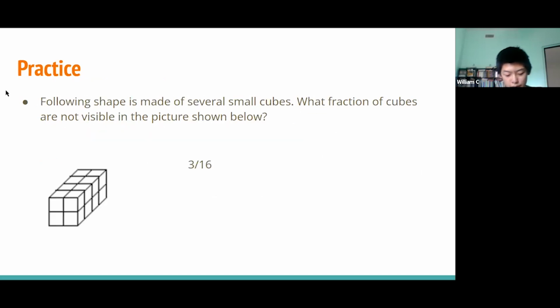The following shape is made out of small cubes. Since the answer is already here, it's not really practice anymore, so what fraction of cubes are not visible in the picture shown before? First, let's calculate the number of cubes there are. There are 2 times 2 times 4 cubes, which equals 16.